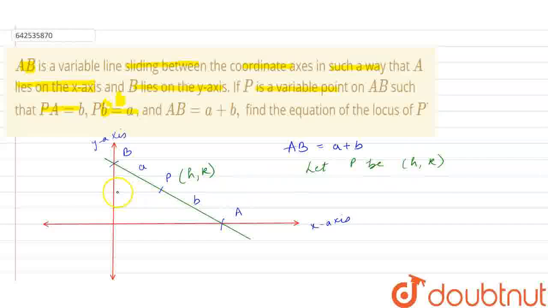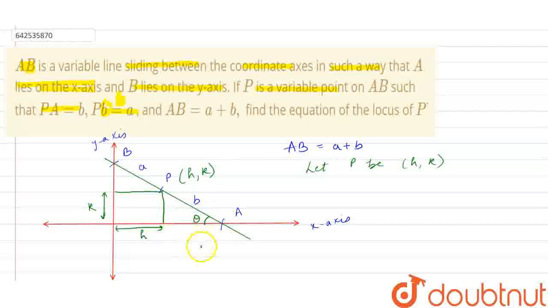So if we make this line and this line, it measures k and this measures h, and let us take this angle to be theta.